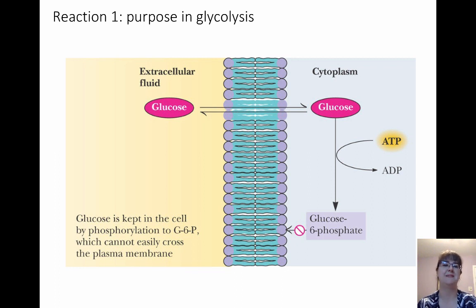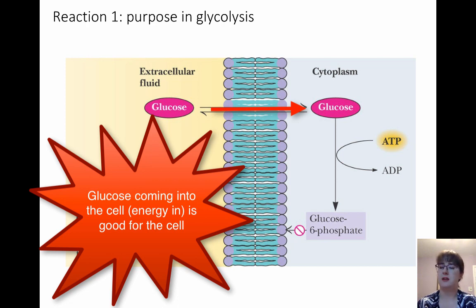So you have that passive diffusion. Well, if the amount of glucose inside the cell and the amount of glucose outside the cell are the same, you're not going to get any more diffusion in. So it's useful to have the amount inside the cell be lower so that you keep having more glucose come in over time.